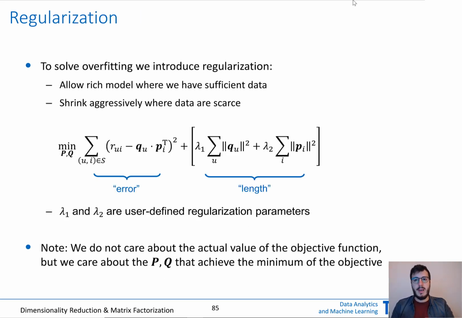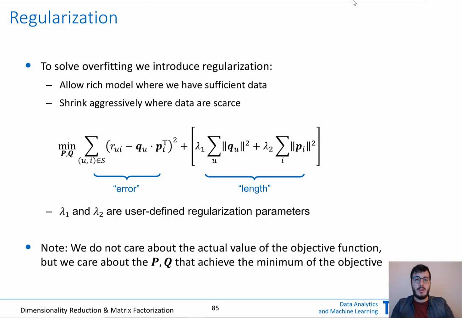In our case, adding regularization amounts to adding two simple terms to the objective function. We go over all users u, and we penalize the norm of the latent factor q_u. Same for all items i, we penalize the norm of the latent factor p_i.